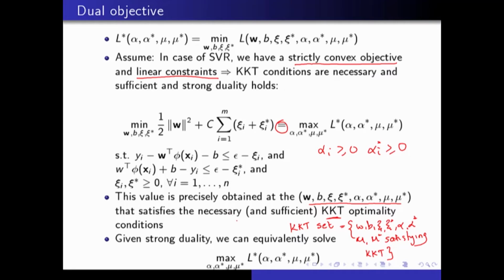So what we are going to do is solve the dual optimization problem as an equivalent alternative to the primal, but we will simplify by restricting this optimization problem to the KKT set. So we'll formulate an equivalent, simpler optimization problem restricted to the KKT set.